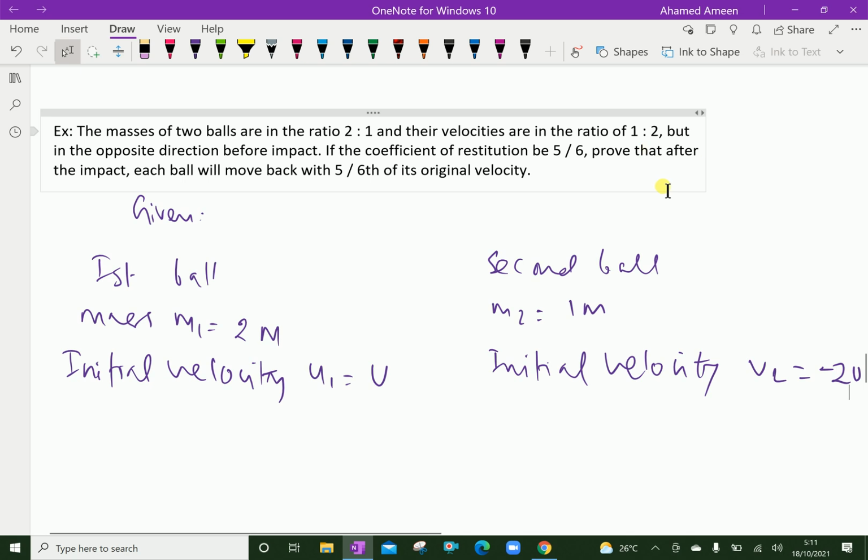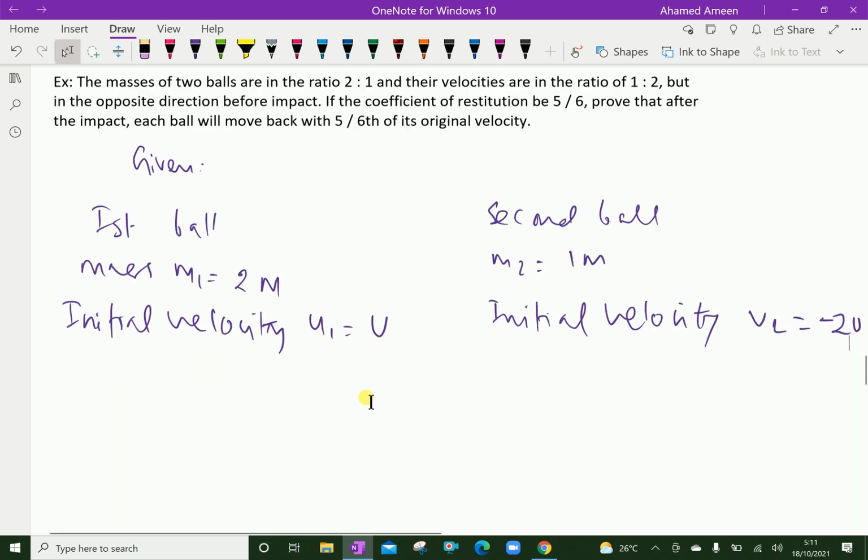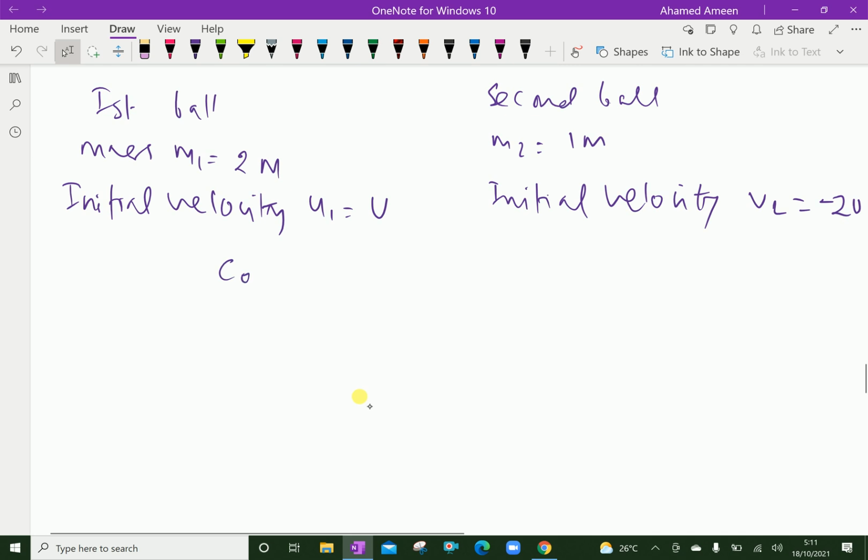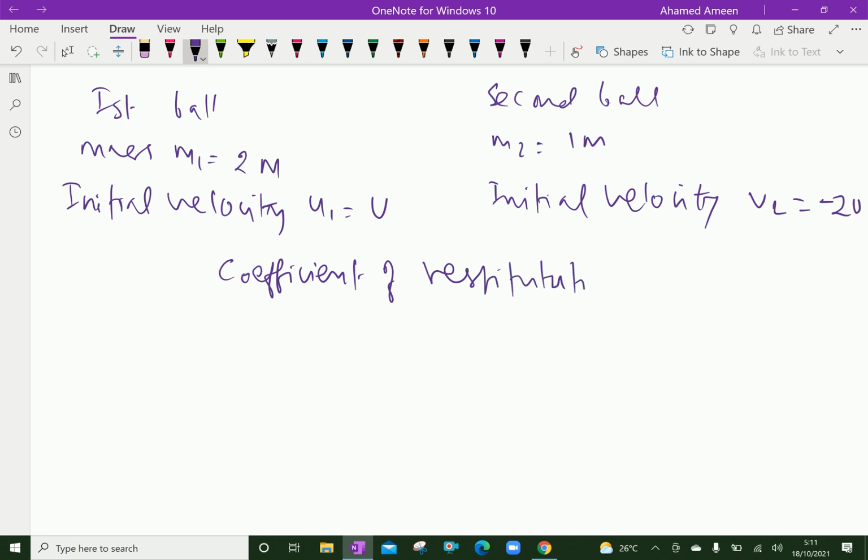Then the coefficient of restitution, E, that is given as 5 over 6.